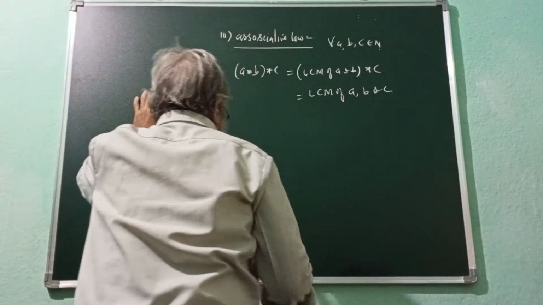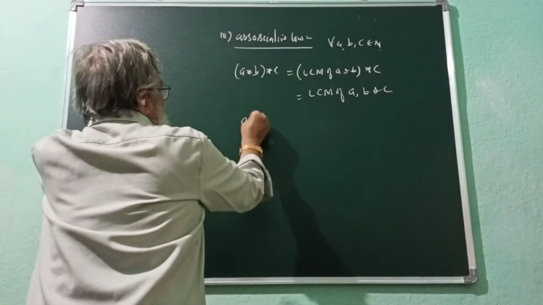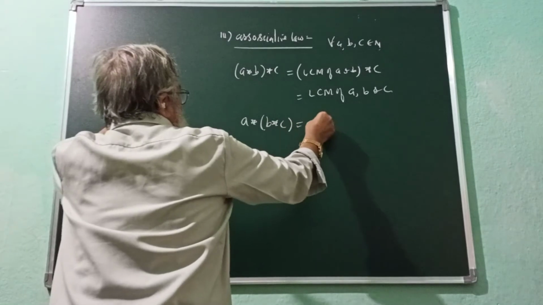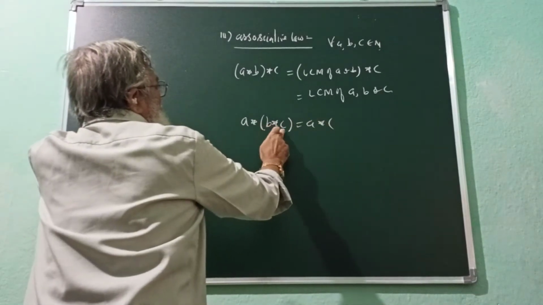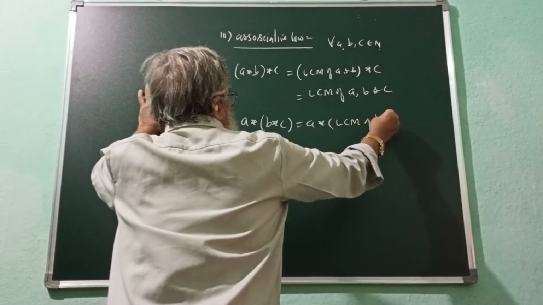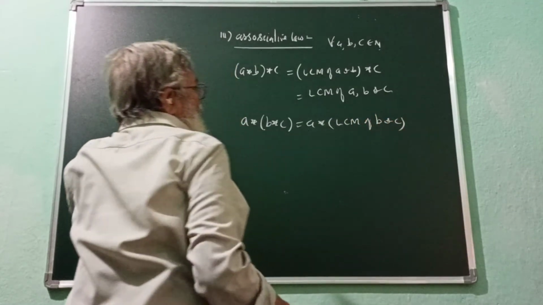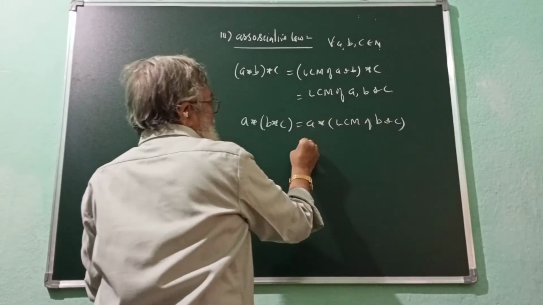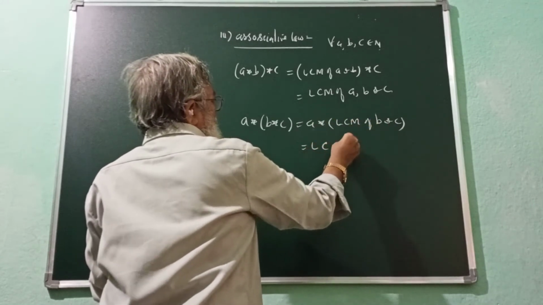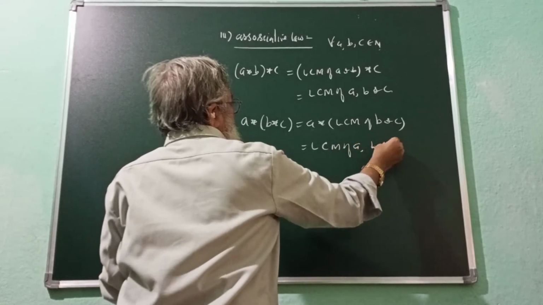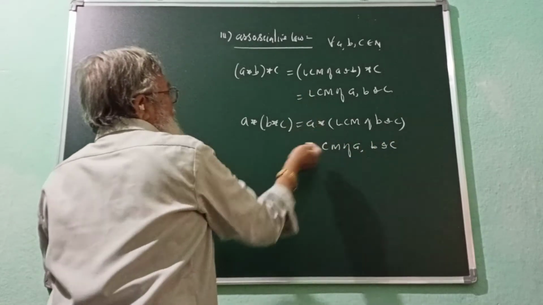Now, let us take the right hand side: A star (B star C). That is A star the LCM of B and C. Now we have to find the LCM of A and the LCM of B and C. Therefore, it is the LCM of A, B and C. You see, they are the same.